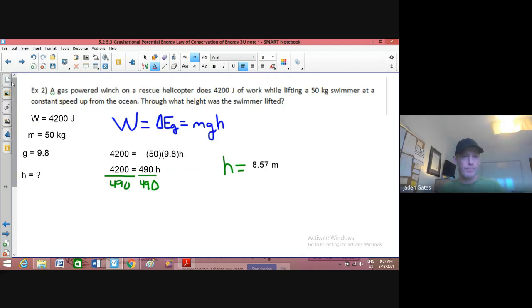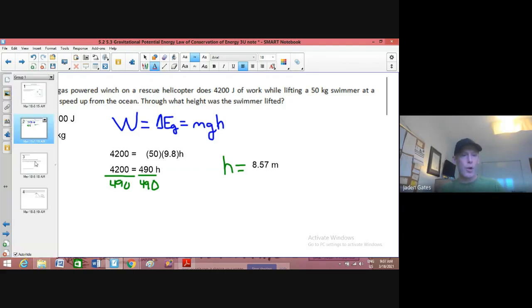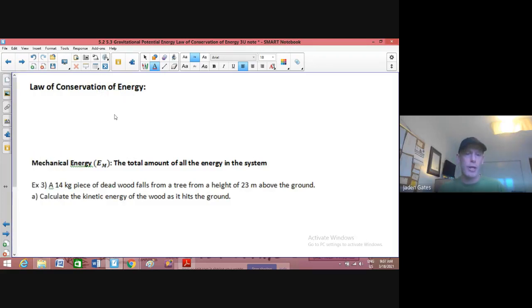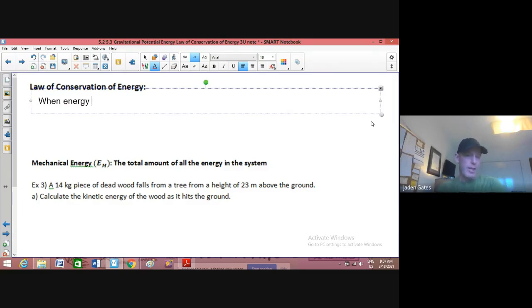be rescued. Now, something that we're going to get into, or it's going to be a huge application of what we've been doing, is what's called the law of conservation of energy. What the law of conservation of energy says is that when energy changes, because we've talked about work being done on something, but sometimes there's no addition of energy, it's just changing.